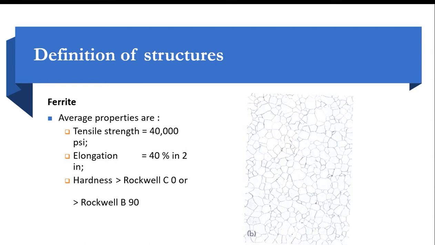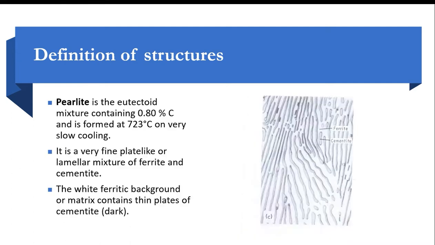The elongation is 40% in 2 inches, right? Then hardness, local hardness is something higher than 0, C0 B90, right? This is a notation of the length and the hardness values. So this is the ferrite definition, right? How it changes the structures.